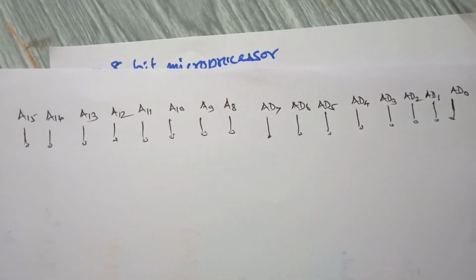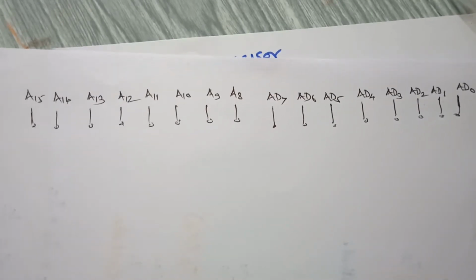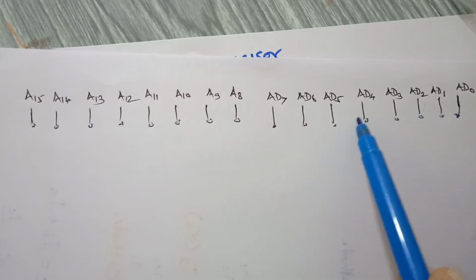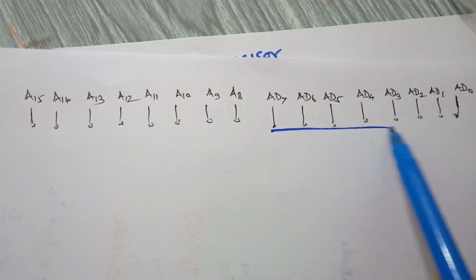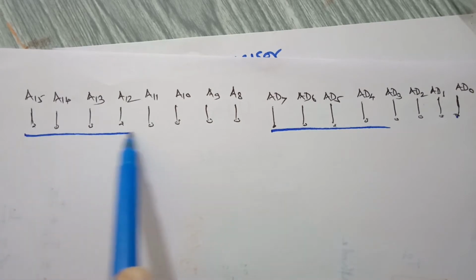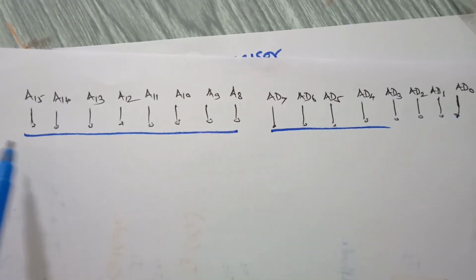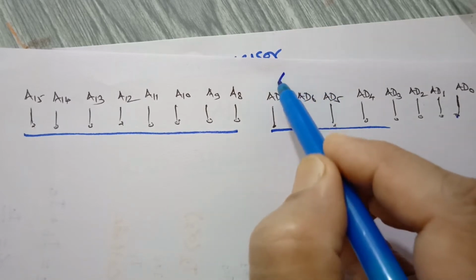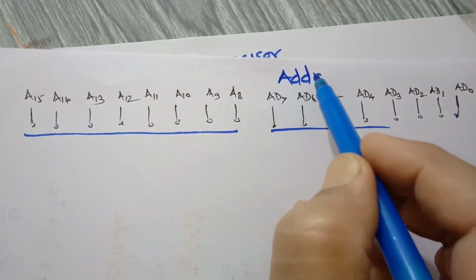You can see this. I have drawn all the 16 lines. See that this is AD0 line, AD1, AD2, AD3, AD4. So these are the 8 lines, and the other 8 lines, A8 to A15. These total 16 lines constitute the address bus.